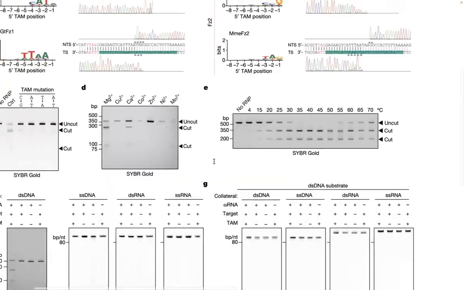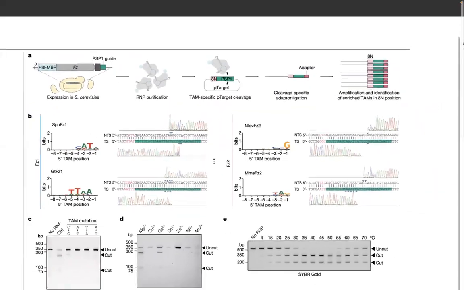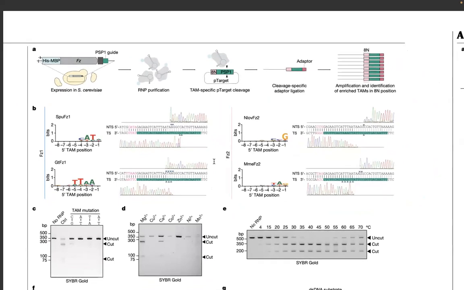In this graph, the next experiment they did is to see if these Fanzor proteins actually perform cleavage.